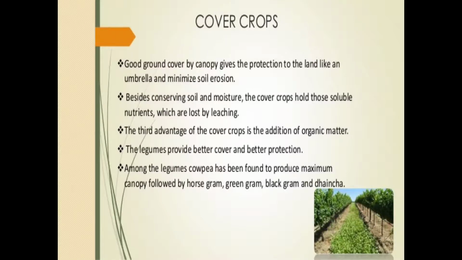Here are some examples of the cover crops. The cowpea is the most effective and produces the maximum canopy, and after the cowpea, the other crops also produce canopy: horse gram, green gram, black gram and dhencha.